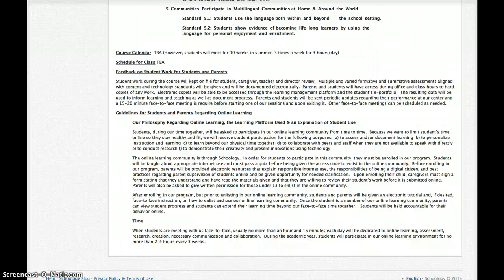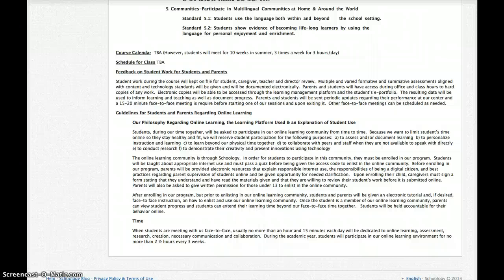Our goal is to effectively teach and prepare our students for the future, but also keep them healthy and fed, and to keep them engaged in a variety of teaching approaches. We will reserve student participation in the online environment for the following purposes: to assess and/or document learning, to personalize instruction and learning, to learn beyond our physical time together, to collaborate with peers and staff when they are not available to speak with directly, to conduct research, and to demonstrate their creativity and present their innovations.